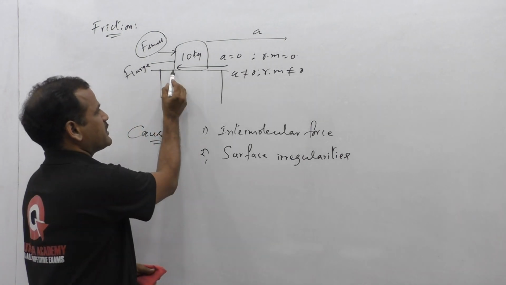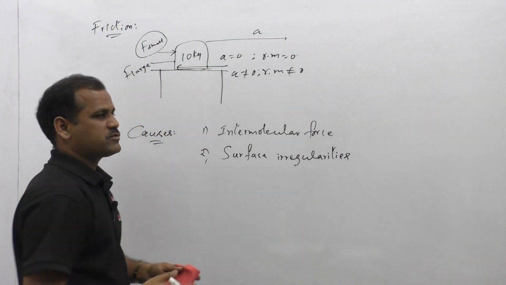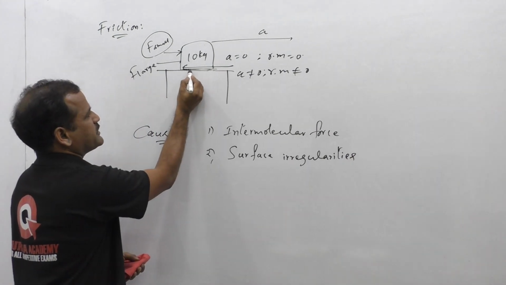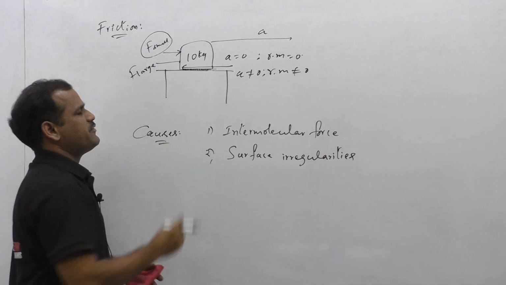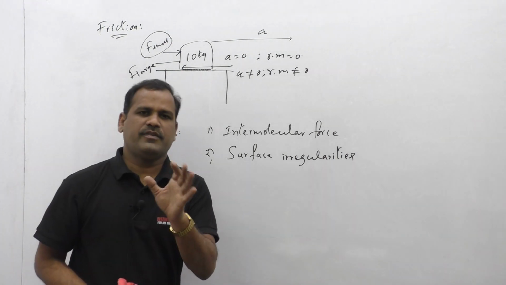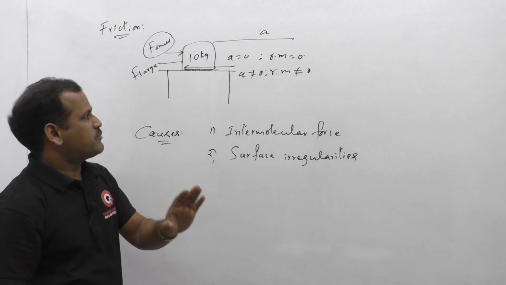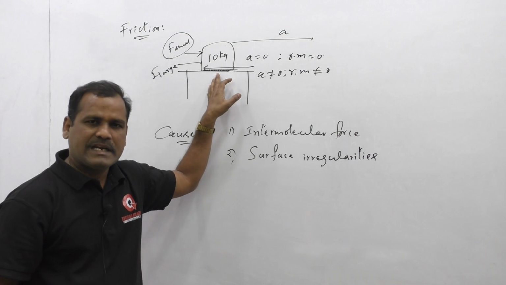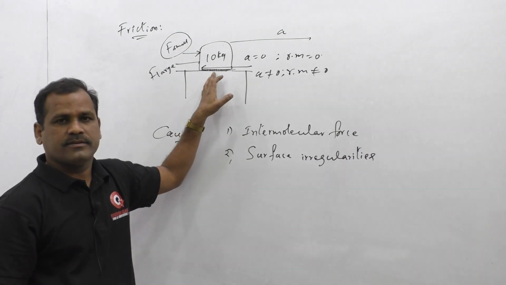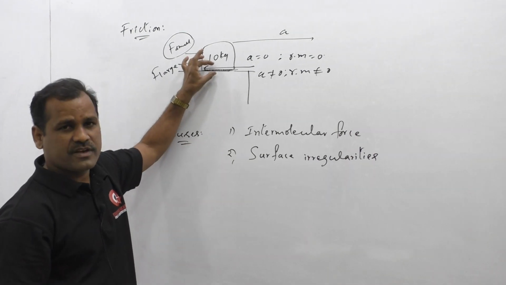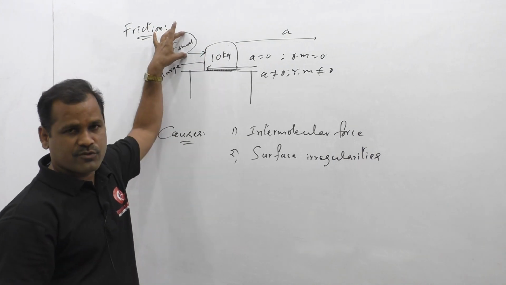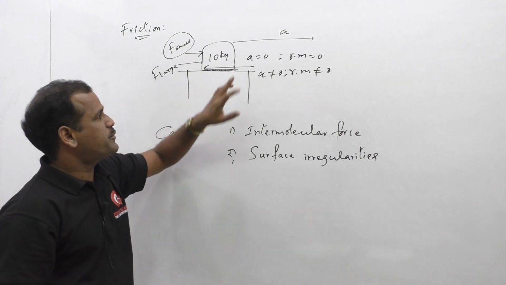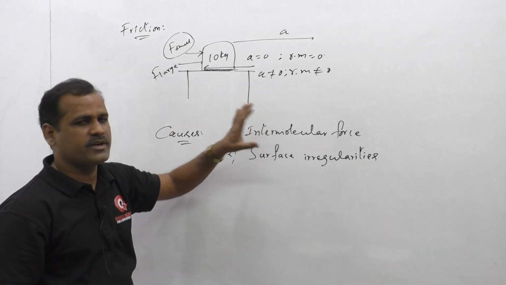Generally, an object surface may look smooth, but every object surface has some irregularities. Even if it looks smooth, definitely at the micro level we can observe some irregularities on the surfaces. Because of these surface irregularities, we can observe interlocking between them, so even if some small force is applied, it stops this object from coming into relative motion. So that is the cause of the frictional force we can observe here.